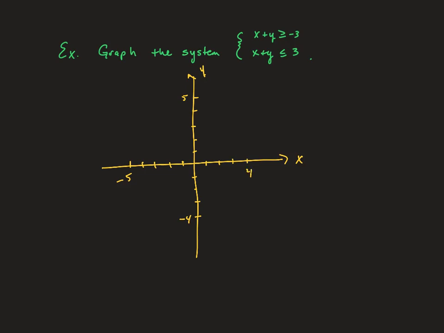All right, and when we graph it, we already said that this equation right here is going to be y is greater than or equal to -x minus 3, and then we have y is less than or equal to -x plus 3. As I go to graph those, if I start with the red, I start off at -3 and go down 1 over 1, down 1 over 1, or up 1, back 1.